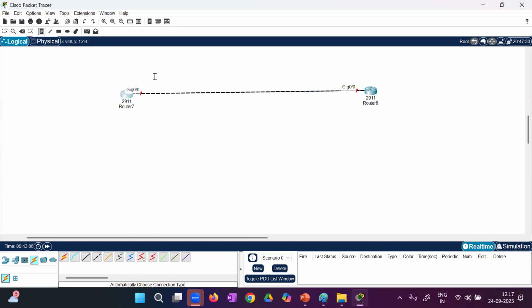So now you give here 192.168.12.1. This side you give 192.168.12.2/24. This side we will have one IP as 1.1.1.1/24.